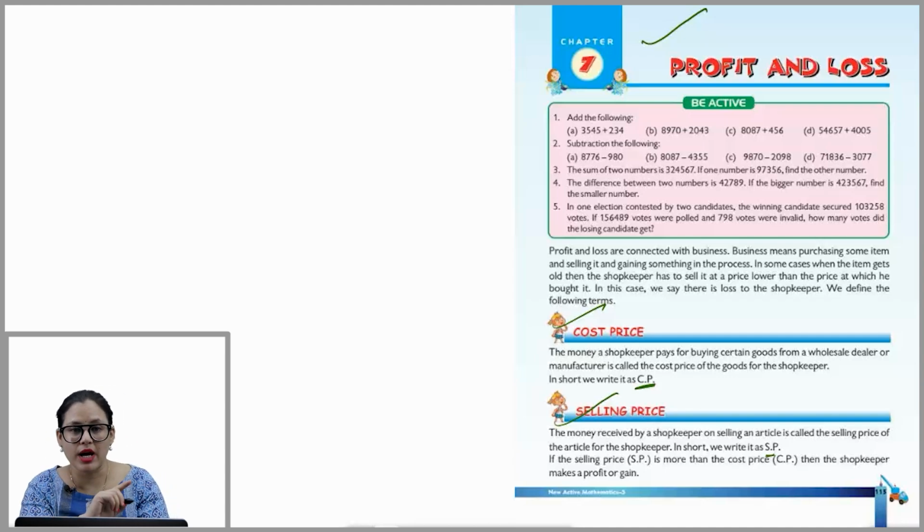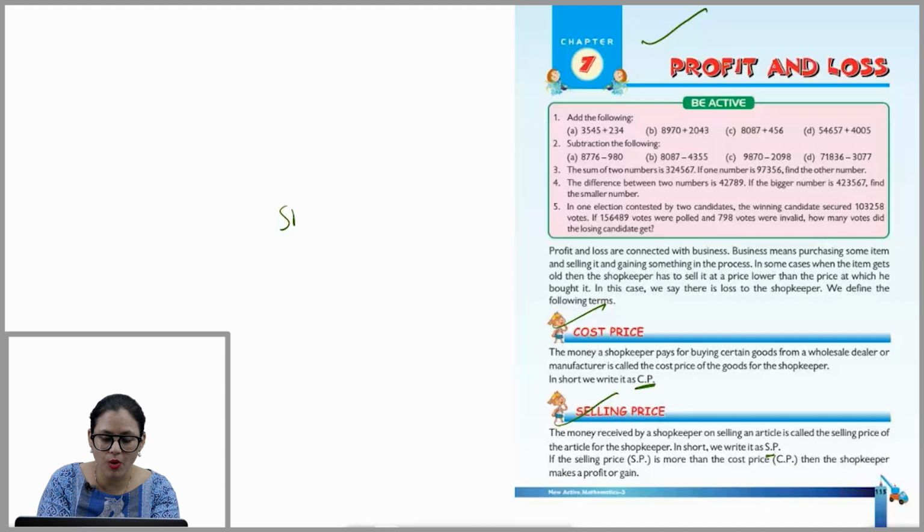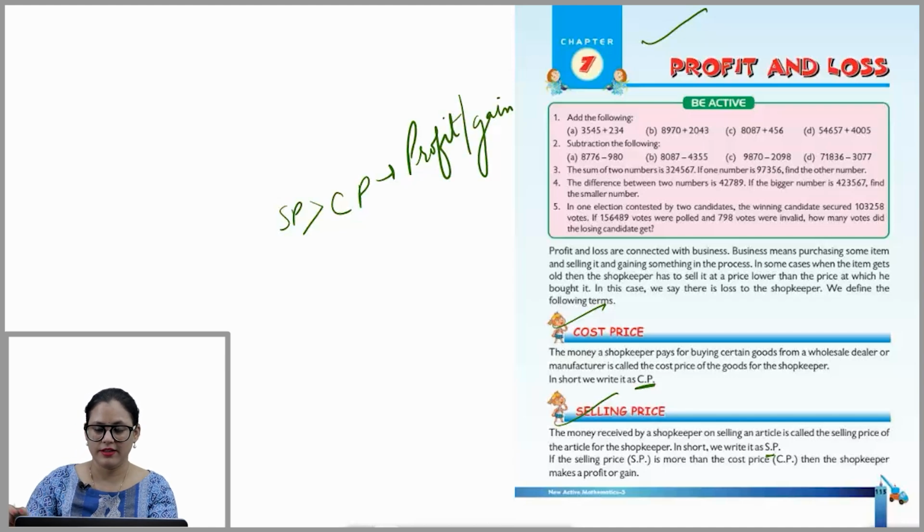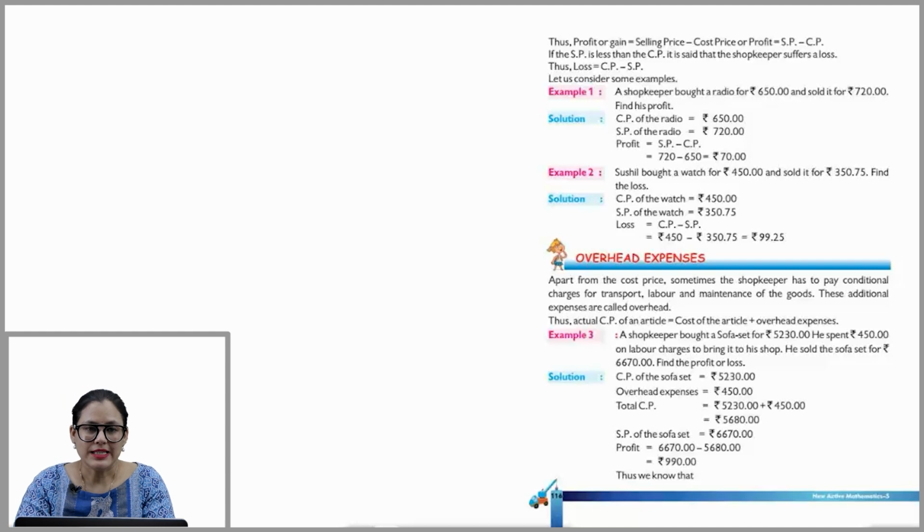If the selling price is more than cost price, then the shopkeeper makes a profit, or you can say gain. Okay? Thus, profit or gain. So, how will we find out how much profit is there?